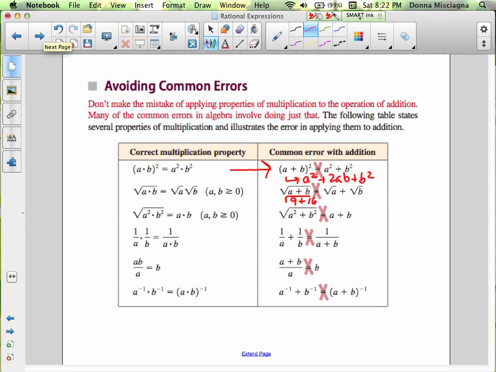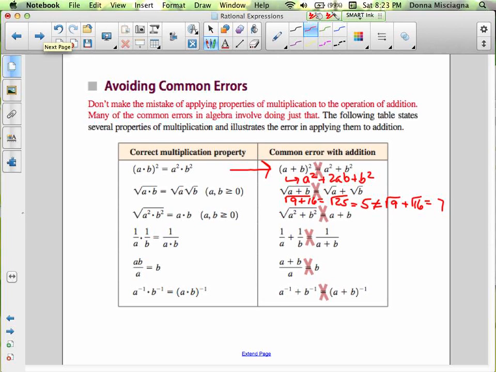The square root of 9 plus 16 would be the square root of 25, which is 5. It is not, however, the square root of 9 plus the square root of 16, which would be 3 plus 4, which would be 7. So 5 and 7, not the same. 5 does not equal 7.